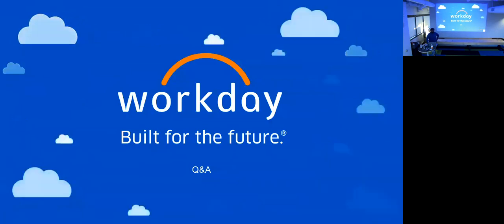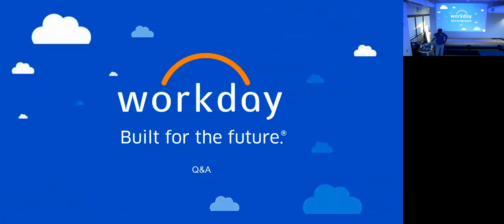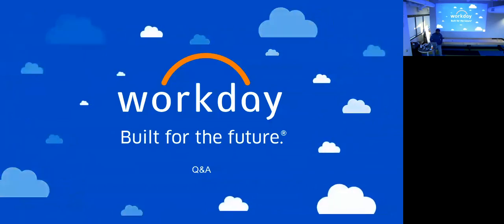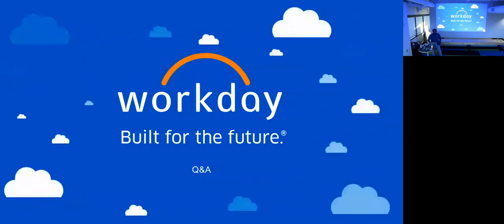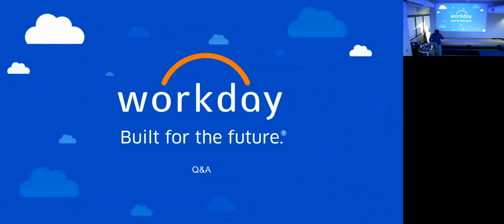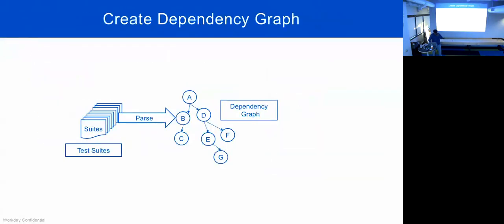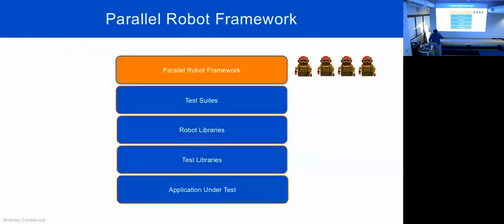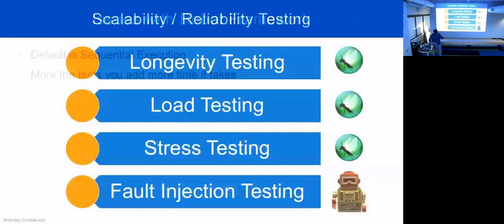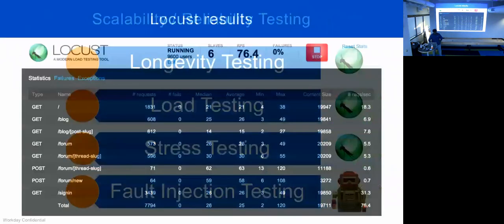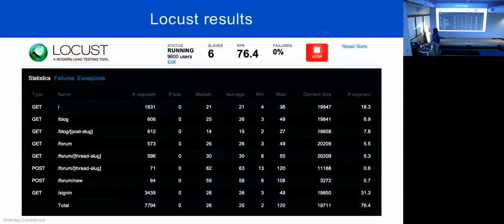Question over here. When you were showing the Locust UI, I noticed that it had a min, an average, and a max. Is there a way to get a graph or P90 or P99 information out of that? Yeah, actually they have it, I didn't show all the UI here. They do support graphs, but the only problem we had is they only support aggregation.